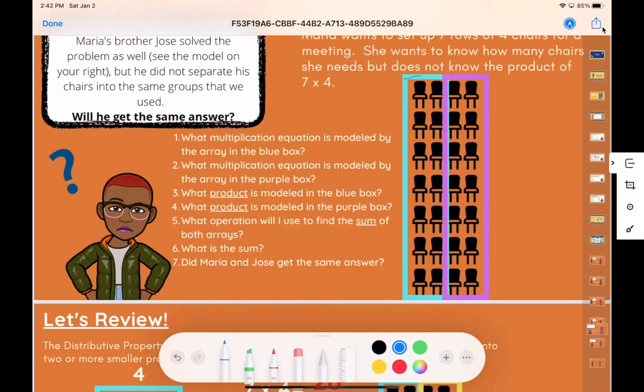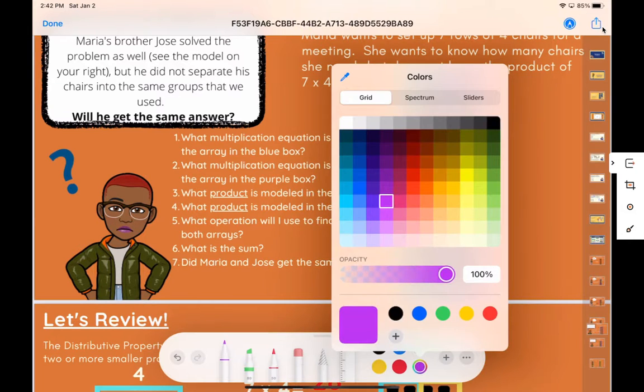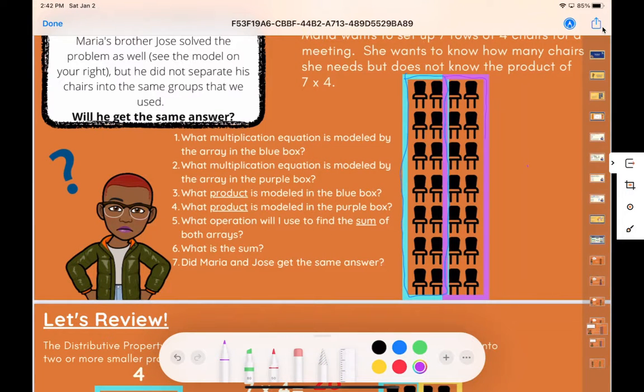And as you can see, there's a blue set. And then there is also a purple set of chairs. And so the first question for you to write the answer to in your Nearpod is, what multiplication equation is modeled by the array in the blue box?